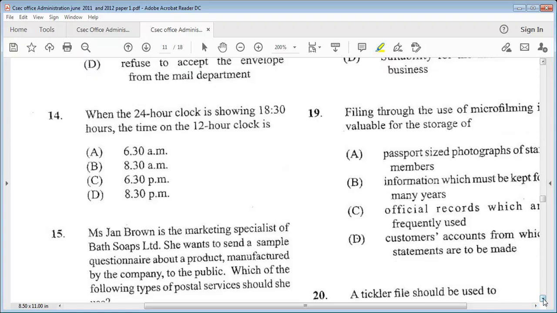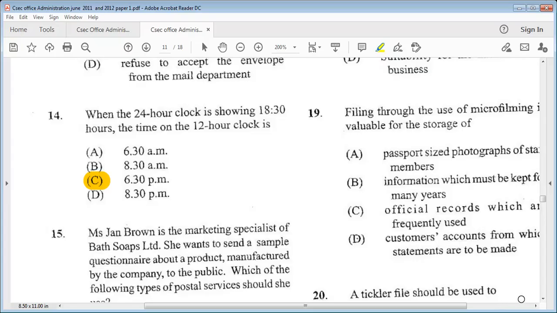When the 24-hour clock is showing 18:30 hours, the time on the 12-hour clock is A. 6:30 a.m., B. 8:30 a.m., C. 6:30 p.m., or D. 8:30 p.m.? This is another question that has been repeated. Our answer would be C, 6:30 p.m.